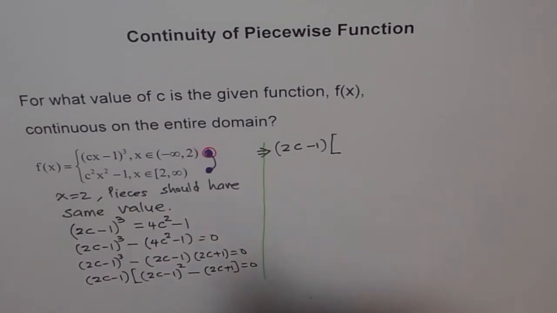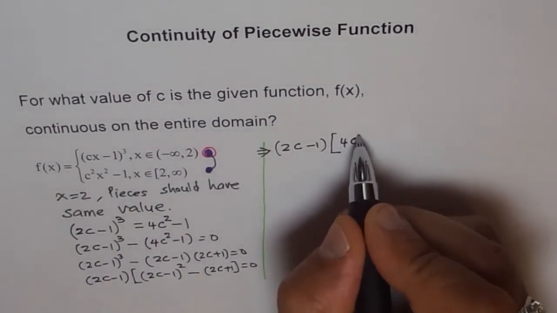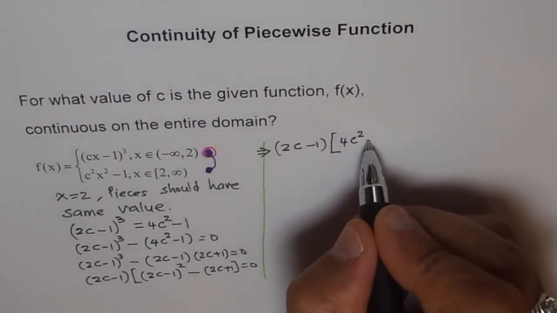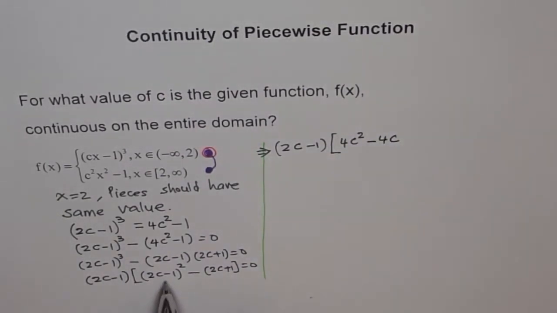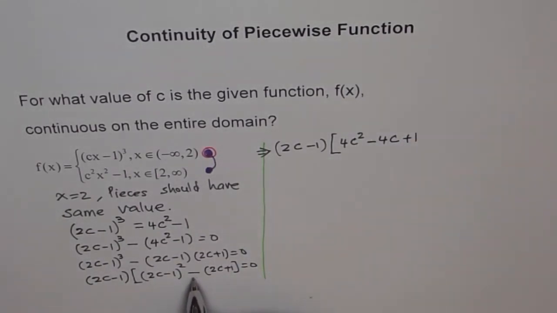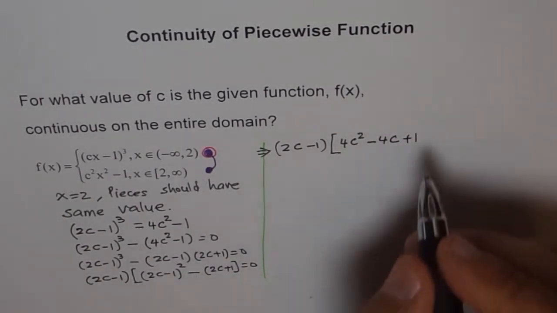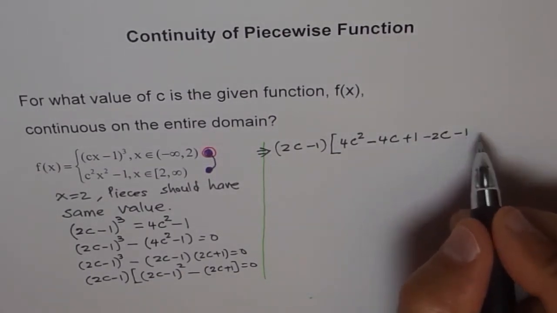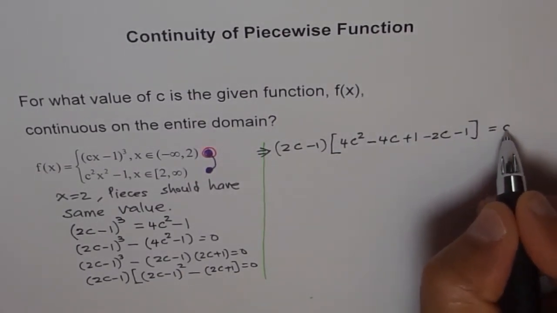So we get 4c². Two times these terms becomes 4c with a minus sign, plus 1 squared, which is 1, right? And then we'll open this bracket also. So minus 2c and minus 1, right? And this is equal to 0, correct?